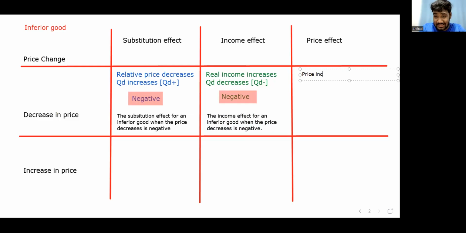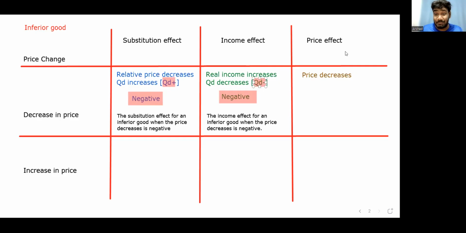Okay, right. Now, the price effect. When the price decreases, what do you think happens over here? The price effect is a combination of the substitution and the income effect. According to the substitution effect, they are saying QD is increased. According to the income effect, they are saying QD is decreased.